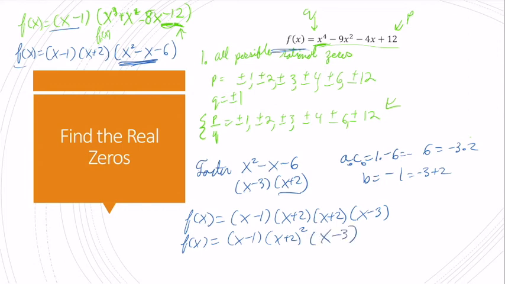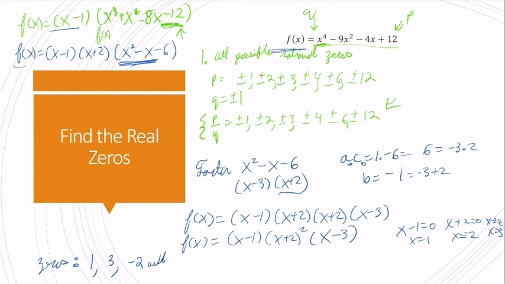So my zeros, if I set each of these equal to 0: x minus 1 equals 0, so x equals 1; x plus 2 equals 0, so x equals negative 2; and x minus 3 equals 0, so x equals 3. So my zeros are 1 and 3 and negative 2, but negative 2 has a multiplicity.